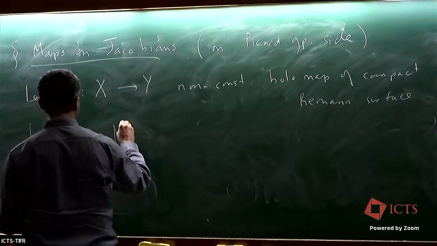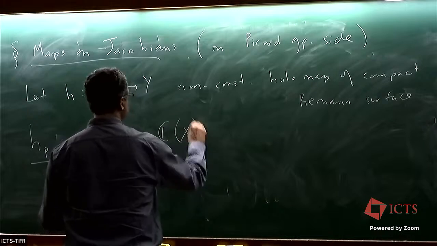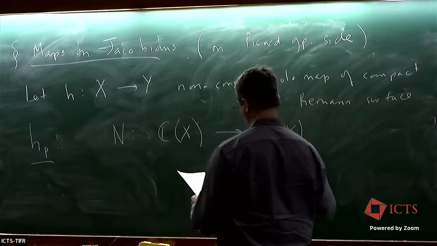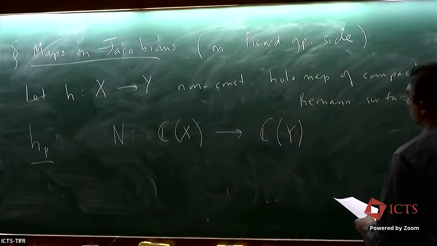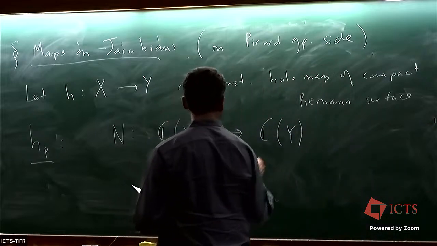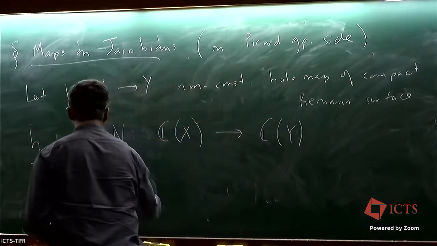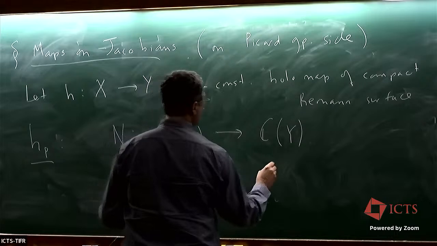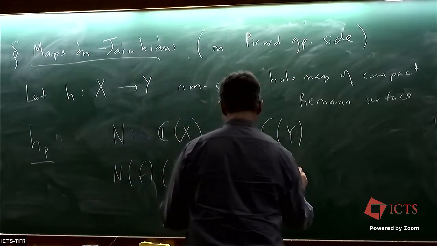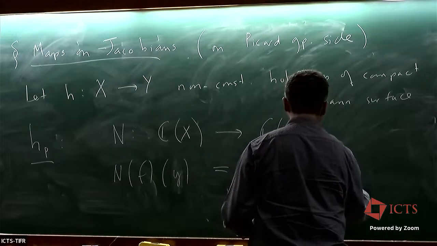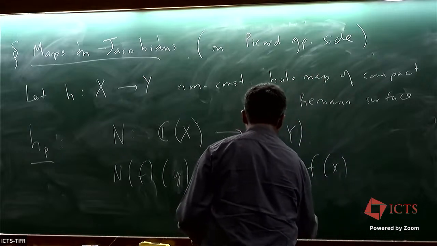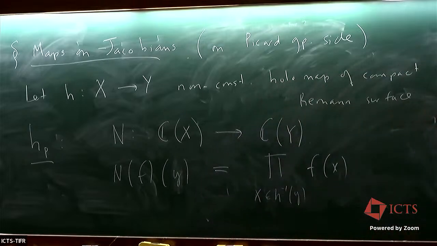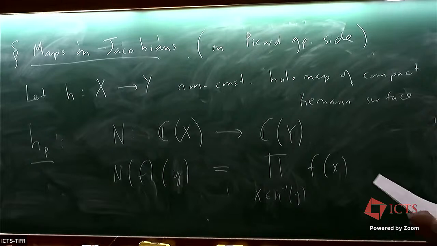Let me give a definition. For that, we first need to write down an induced map on meromorphic functions going forward. So given a function f on X, how do we get a function on Y? It's given by this formula. Define it to be the product of the following values. Take all preimages x of y under h. There's a bunch of x's, and then you just take f of x.